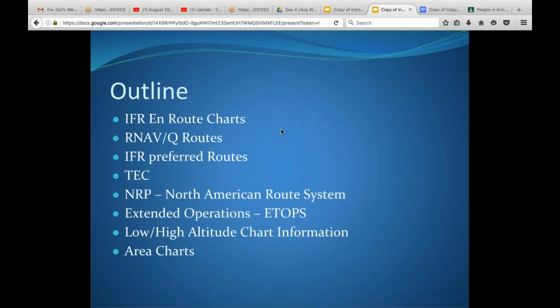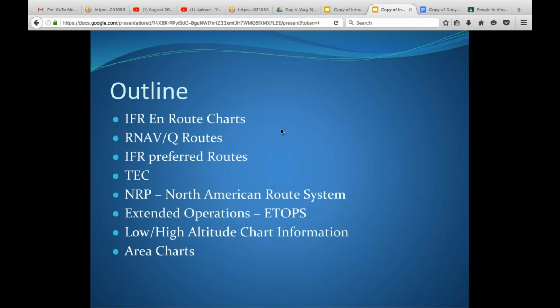So like I was saying before, we're just starting over this slideshow. Like I was telling you guys before, well, the outline, we're going to go over the IFR and route charts. We're going to tell you the difference between your Victor routes and Q routes, T routes, jet routes, the RNAV versus ground-based.